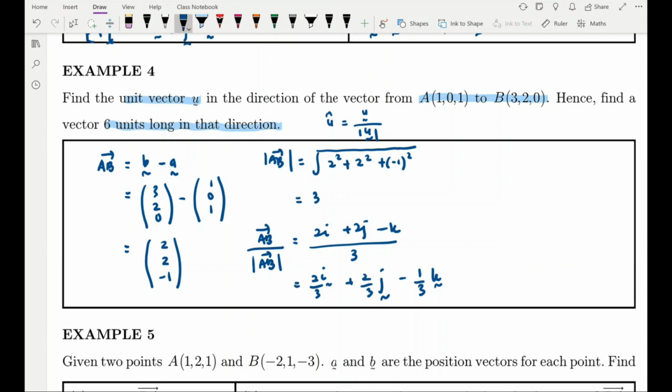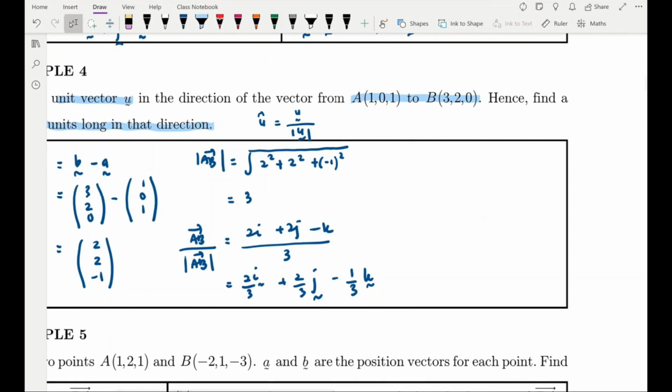But the question is 6 units long in that direction. That means we multiply the unit vector AB by 6. So we get 6 times (2/3 i + 2/3 j - 1/3 k).